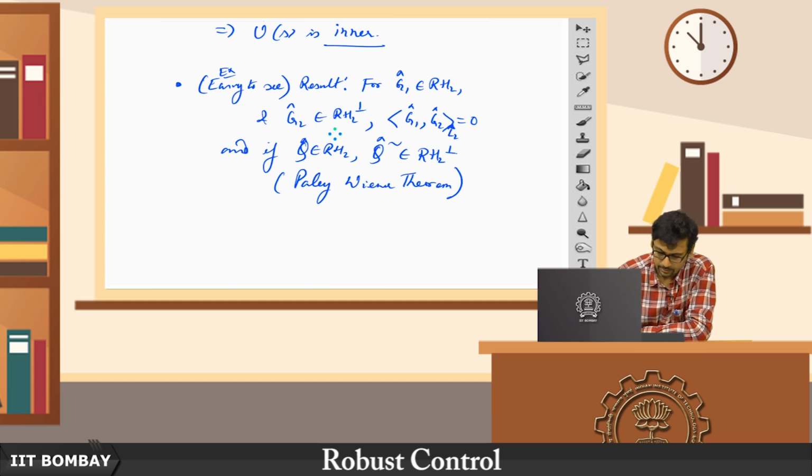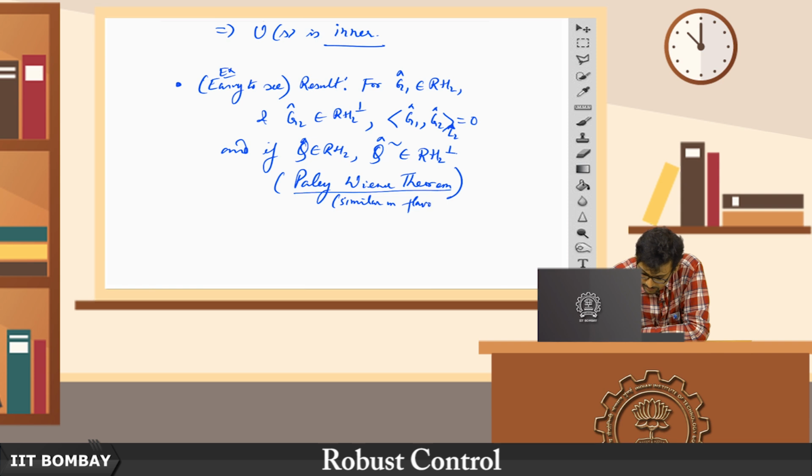This is not exactly the Paley-Wiener theorem, but it is similar in flavor to it. Just as an observation, you can try this on your own and check that this is indeed going to be the case.